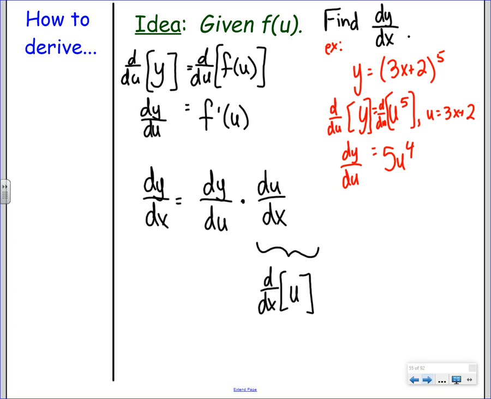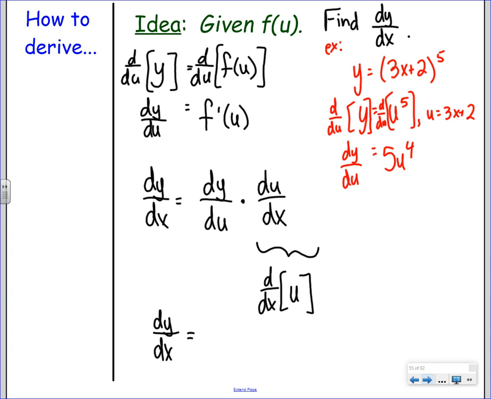Oh wait, does this make sense? dy du times du dx would be dy dx. Okay. So what do I need to find dy dx? Get derived u and derived u. Ready?